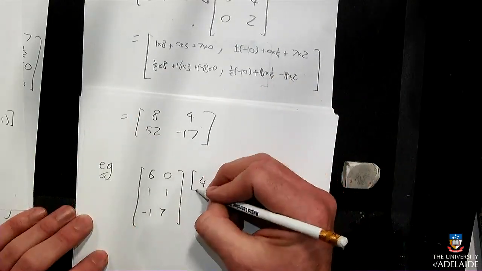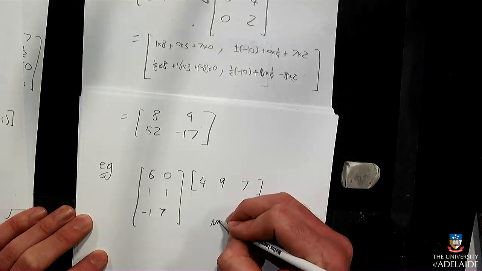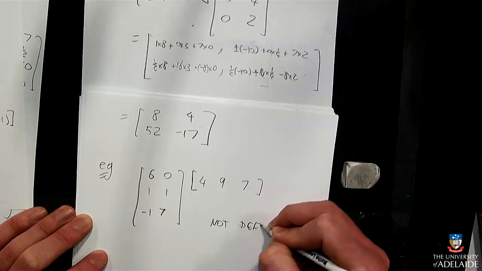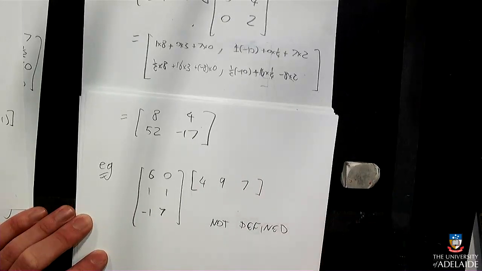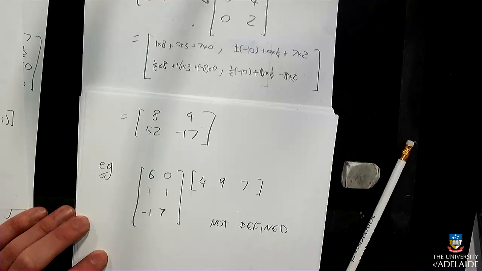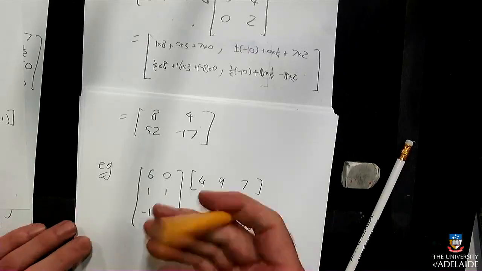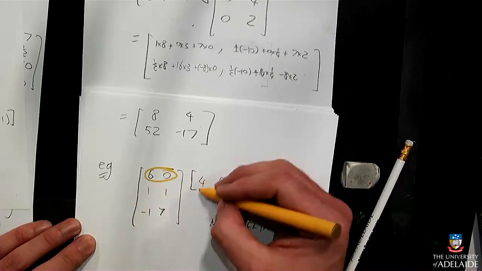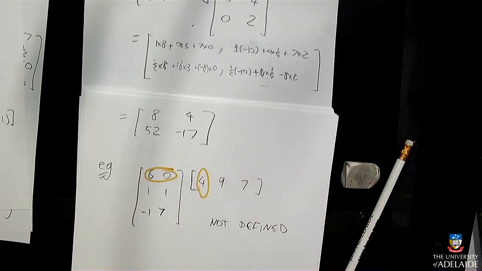So I'll just say this is not possible. It's not defined because the number of entries in the rows in the first matrix is not the same as the number of entries in the columns of the second matrix. The rows of the first matrix only have 2, the columns of the second matrix only have 1.